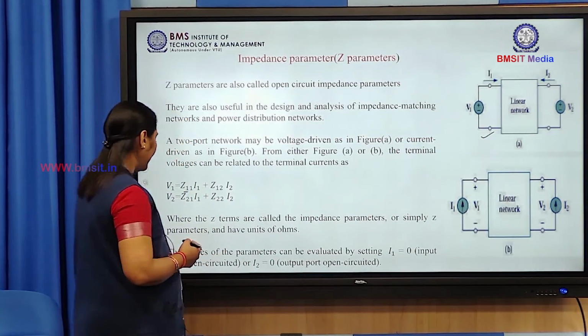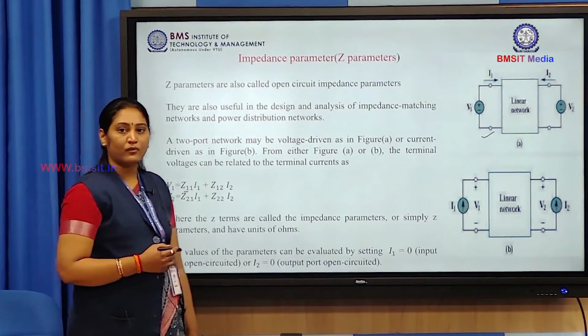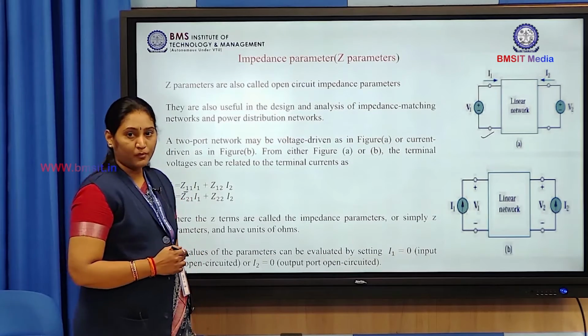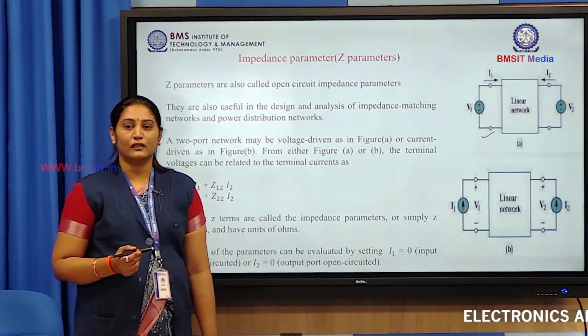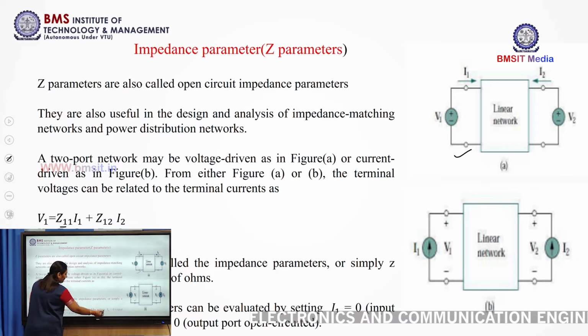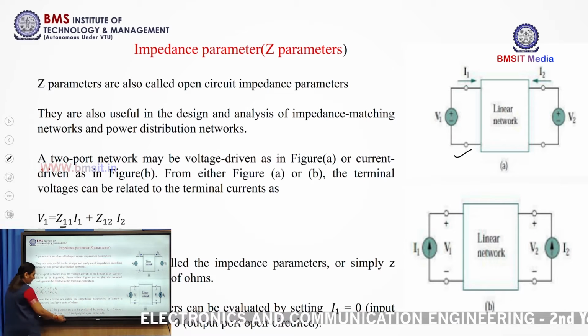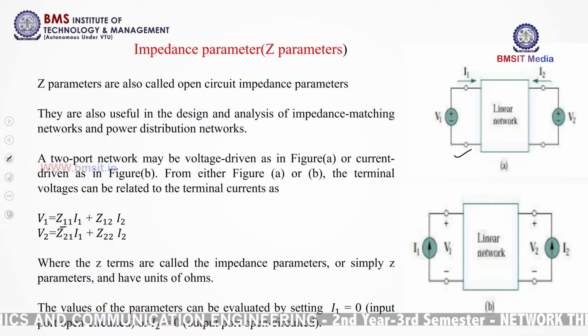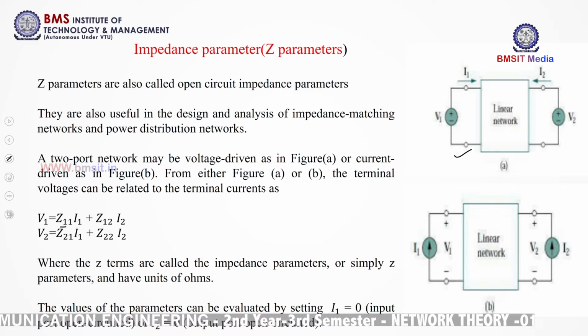For example, the values of Z11 and Z21 can be obtained by open circuiting the output port, and Z12 and Z22 by open circuiting the input port. By making I1 equal to 0 or I2 equal to 0, we can obtain the parameters Z11, Z12, Z22 and Z21.